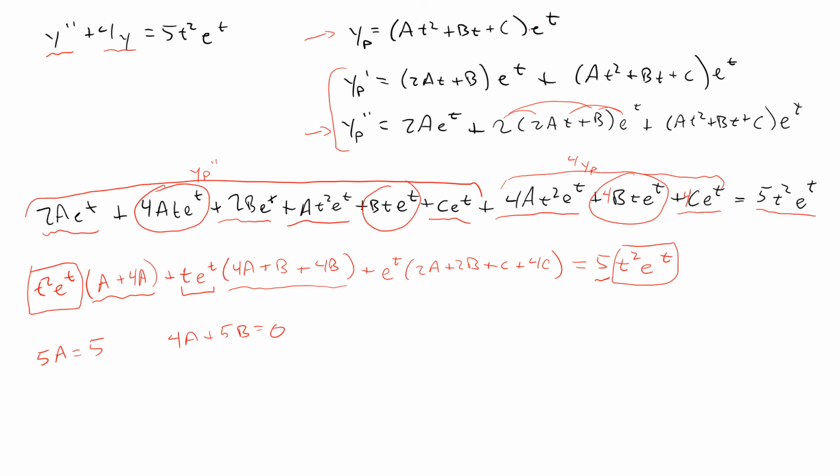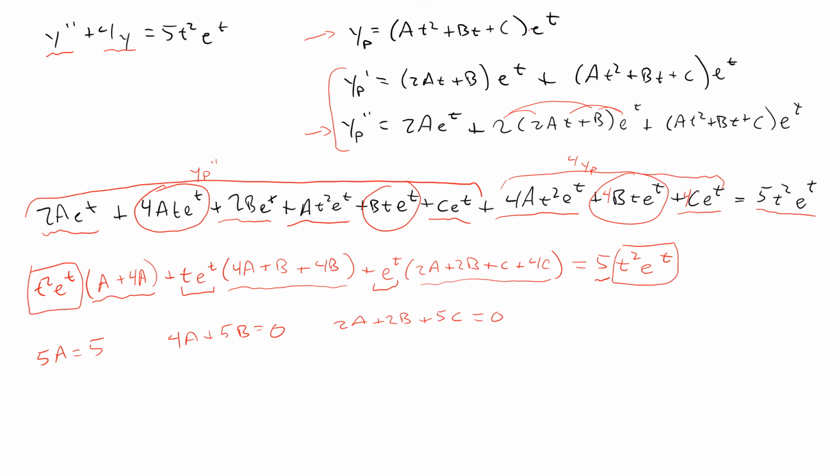Similarly, the e to the t doesn't show up on the right hand side. There aren't any terms that have just a plain old e to the t attached to them. And so this whole coefficient, 2a plus 2b plus 5c, should also be 0.